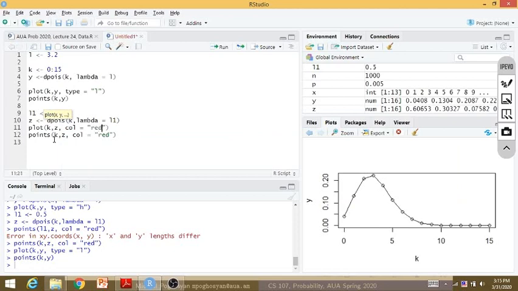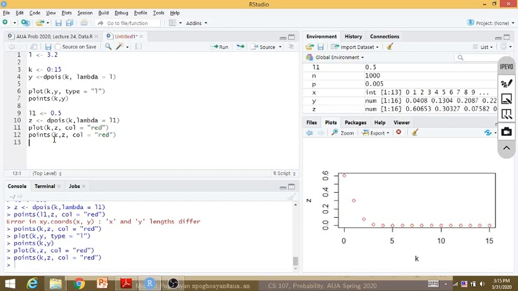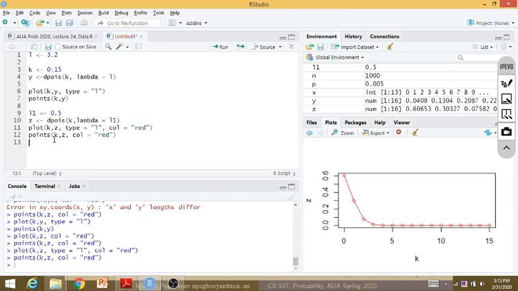If I run this, yeah, I forgot to join them with lines. Type is equal to lines. Okay. So the range of Z is between 0 and 0.6 or something like that.